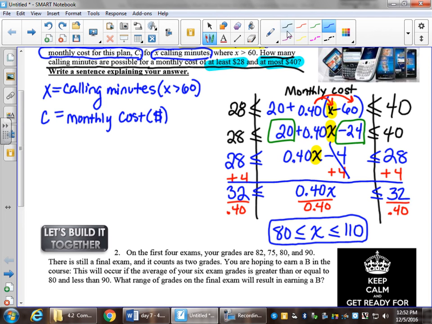I think I made a mistake. Sorry about that, guys. I had a copy error. This should be 44. So 44 divided by 0.40 is 110.